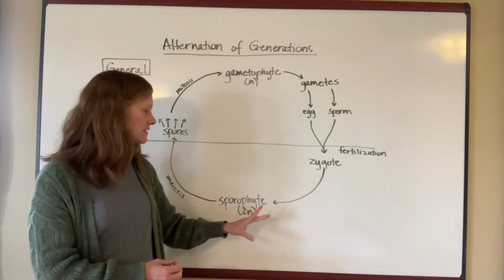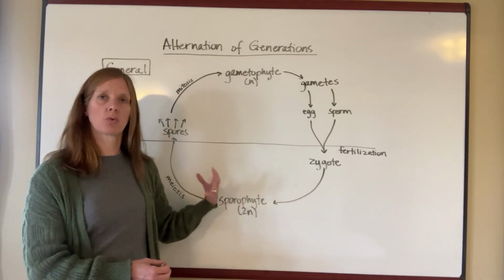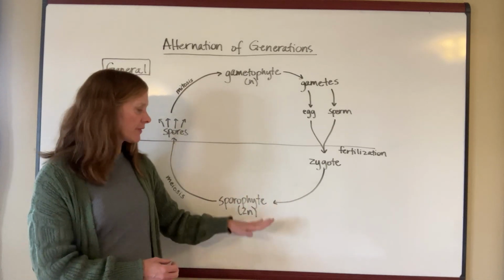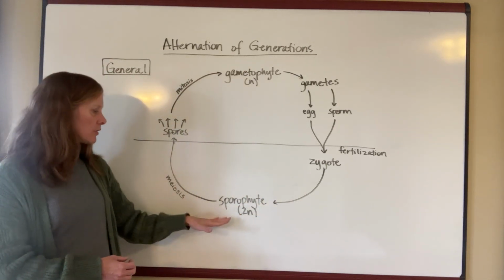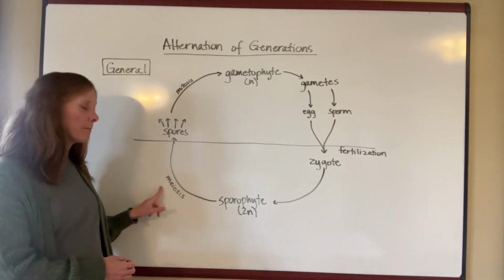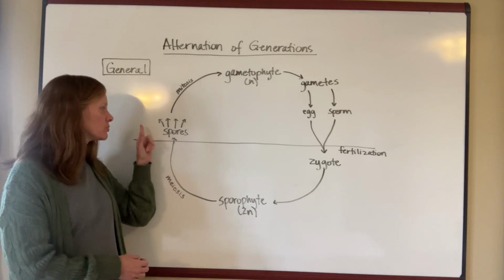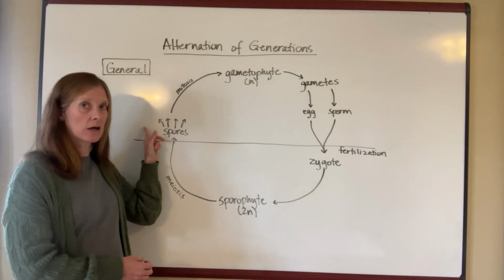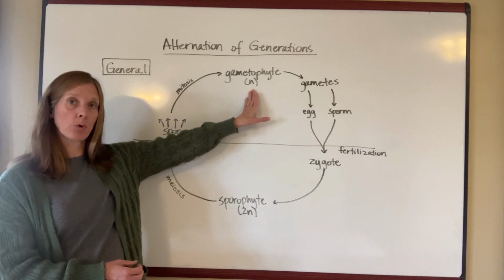And eventually, as that sporophyte generation grows and matures, the purpose of the sporophyte generation is to produce spores. In order to produce spores, these cells need to go through meiosis. And so once they divide and go through meiosis, we have spores, which are now, again, part of the gametophyte generation and are haploid or N.